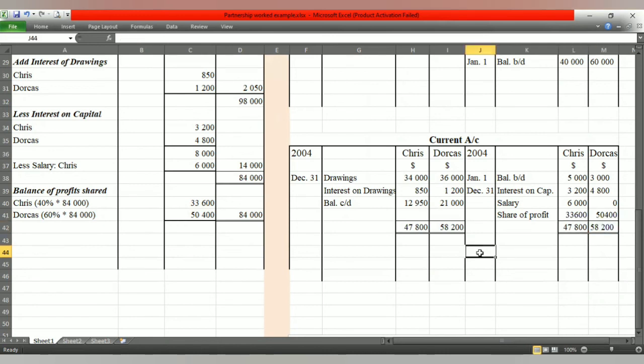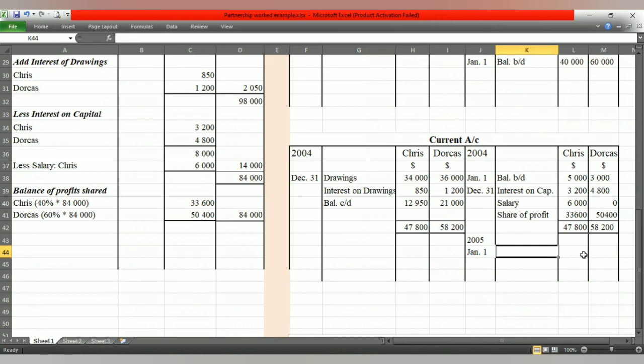And then our final thing for the current account is to enter our balance brought down, or BD. Since the CD is on the debit side, our BD would be reflected on the credit side. And our date is 2005, that's January 1.